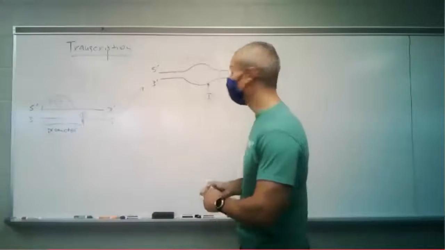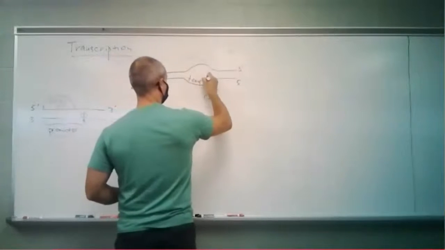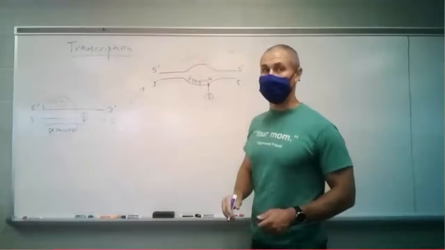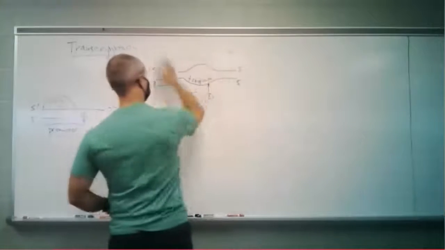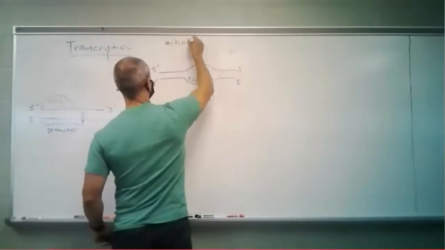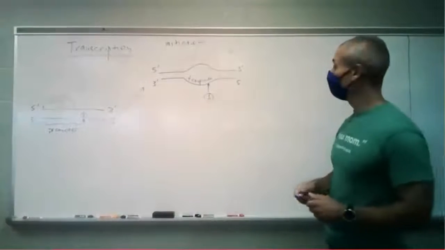The bottom one, yeah. This bottom one is called the template strand. And very surprisingly, the top one is called the non-template strand. So what we have here is the initiation complex. This is the stage of transcription that is called initiation. Does that make sense?